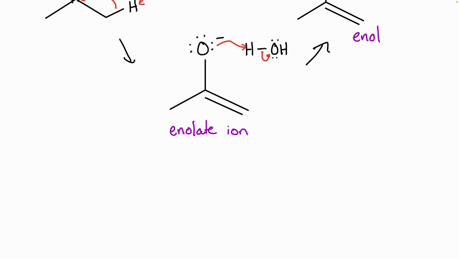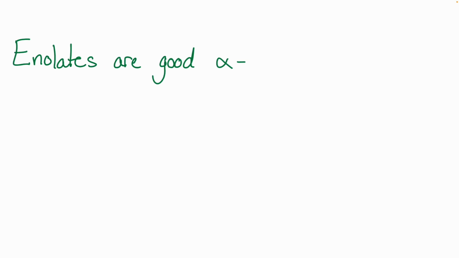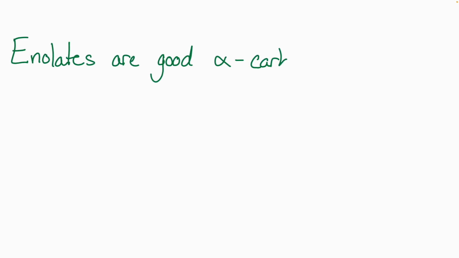Enol, because it's got that same oxygen next to an alcohol group, but it's not an alcohol group, it's an enolate because it has a negative charge on it. All right, and enolates are good alpha carbon nucleophiles.